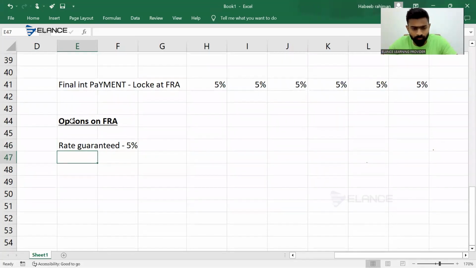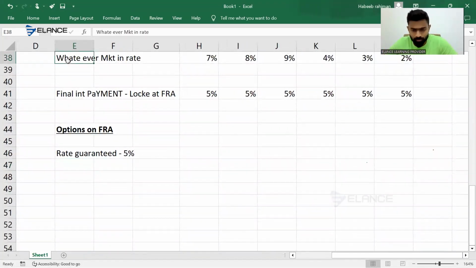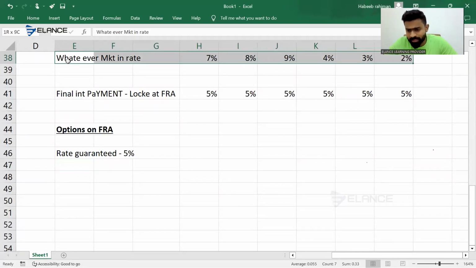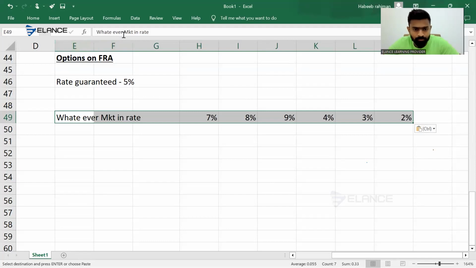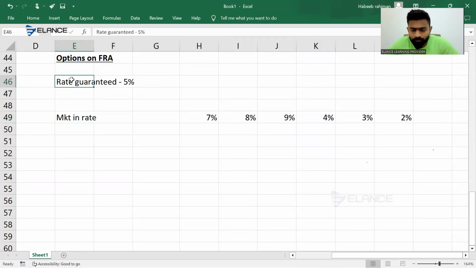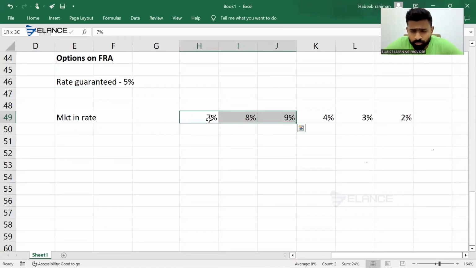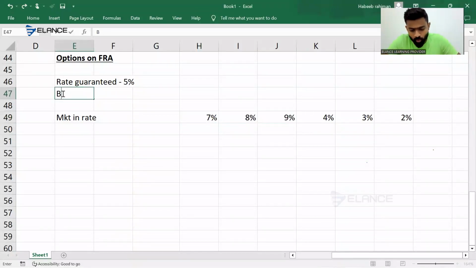Assume these are the market interest rates. You are guaranteed at 5%. Is this an adverse movement or favorable movement in the market for a borrower? Assume you are a borrower.